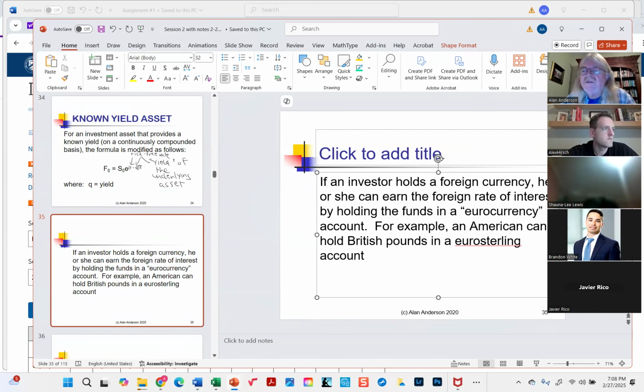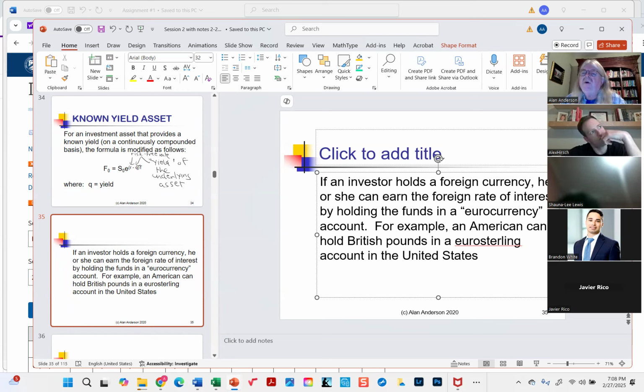This would require you to be doing business with a major commercial bank, like let's say Chase. The euro currency markets are mainly headquartered in London, but it means you are holding funds in a bank account where the currency is different from the home country.